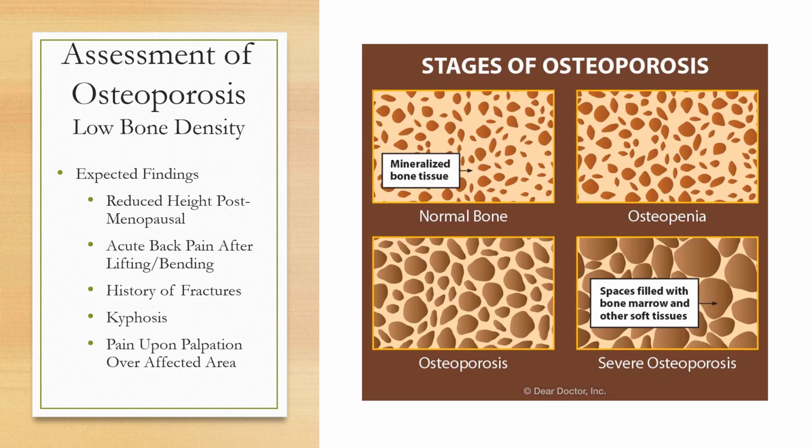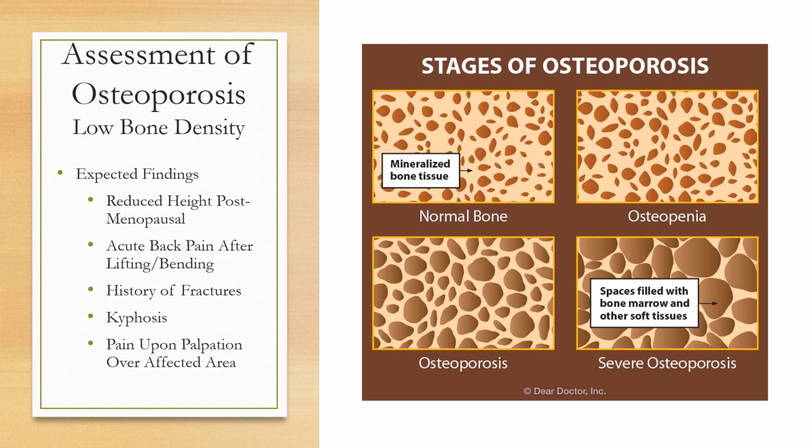Kyphosis we spoke about, that humpback or that rounding of the thoracic spine. And then of course pain upon palpation of the spine would be an indication that there's something going on with the bones.